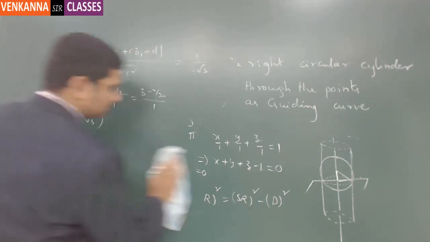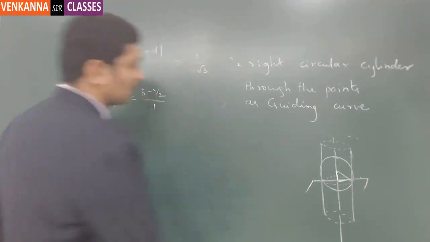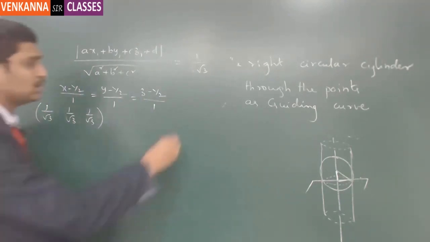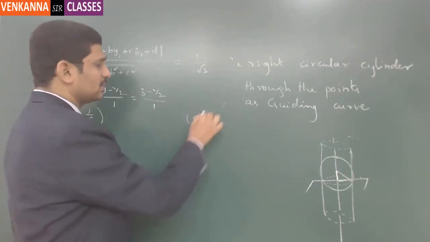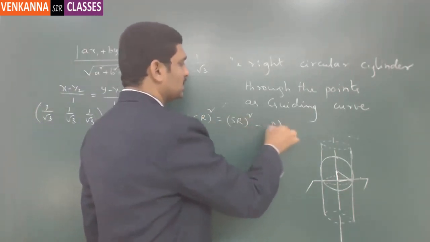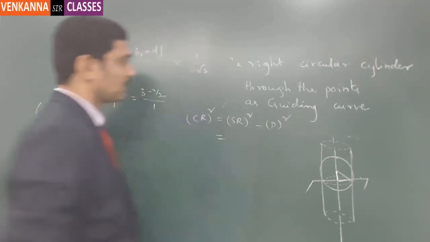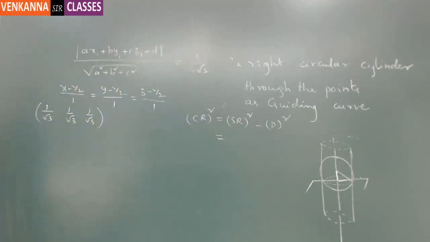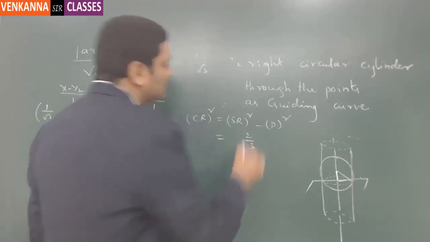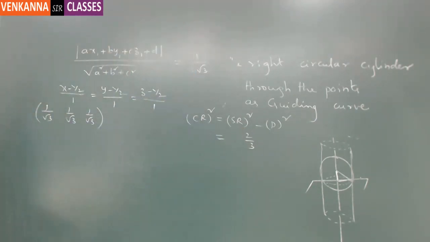So we have to do one more thing there. We need to calculate the circle radius whole square, right? So circle radius whole square is nothing but sphere radius whole square minus distance whole square. You have calculated that already. It is nothing but 2 by 3. Now let us substitute the values in that.